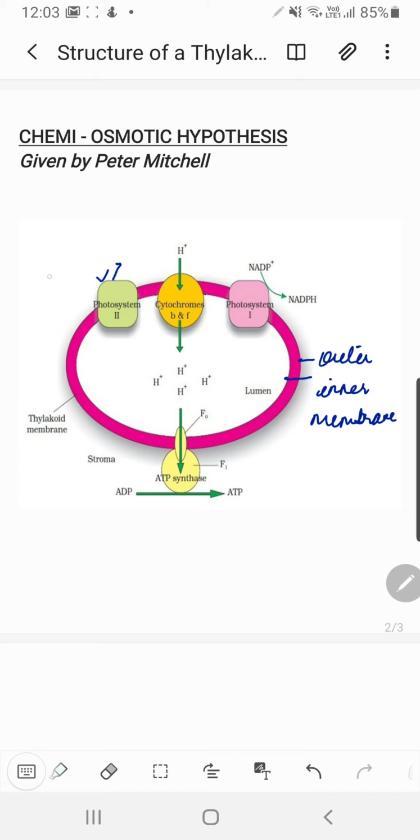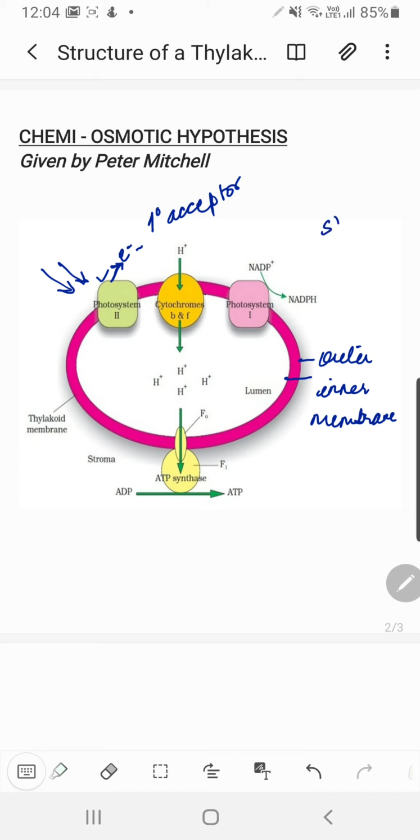You know very well that during non-cyclic photophosphorylation, once the light falls on this photosystem, it gets excited and the electron is released, right? This electron is taken up by the primary acceptor, and this primary acceptor has to transfer it further. Now what happens, children?